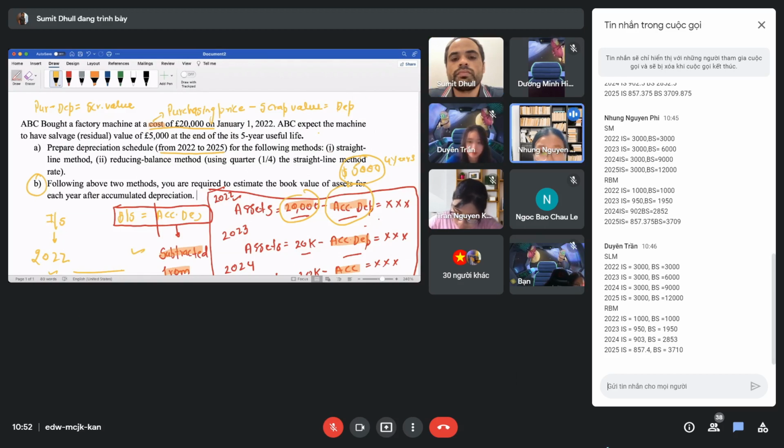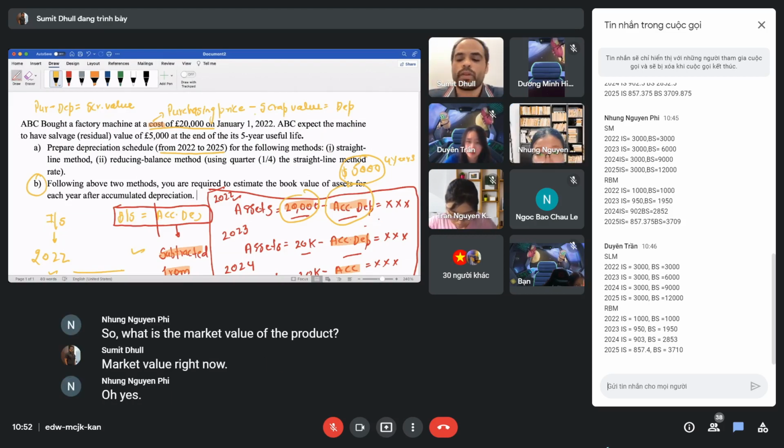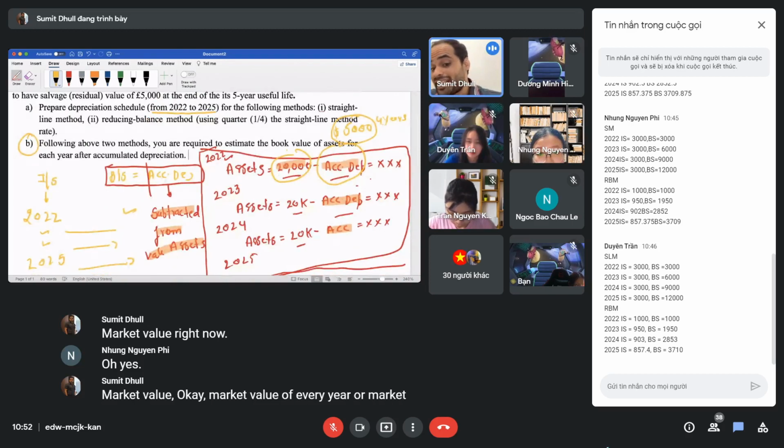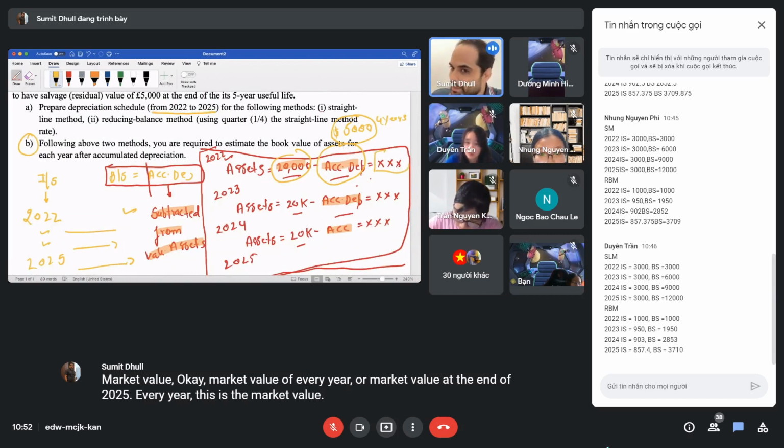So what is the market value of the product? Market value right now? Market value of every year, or market value at the end of 2025? Every year, this is the market value. This is not a scrap value.